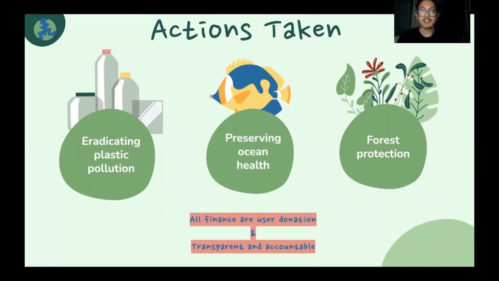And then they also aim to preserve ocean health, which is in relation to eradicating plastic pollution. And the third most popular initiative of Greenpeace is to advocate for forest protection.